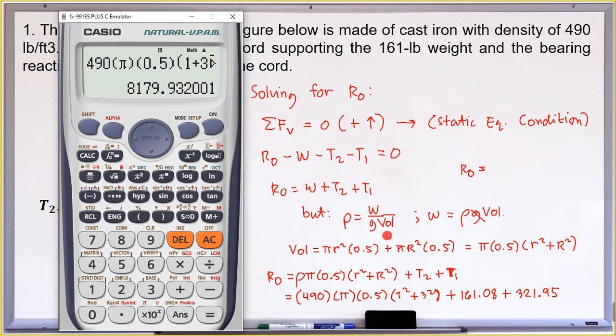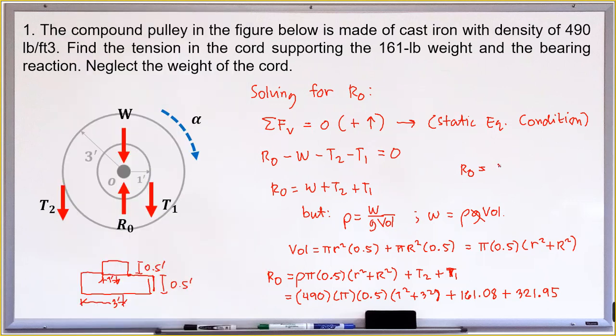So we have 8179.93 pounds. Okay, so this is our bearing reaction at the center of rotation of this pulley.